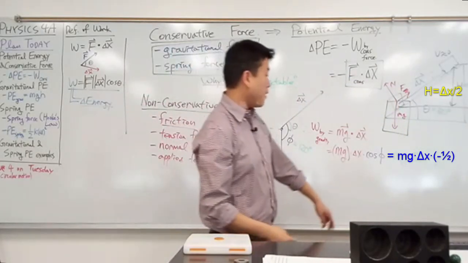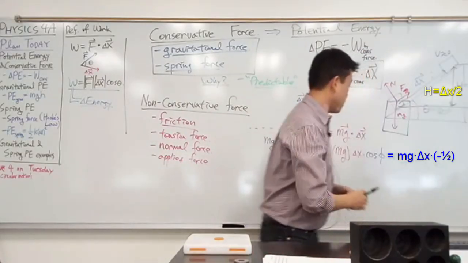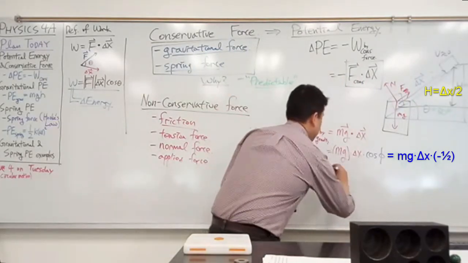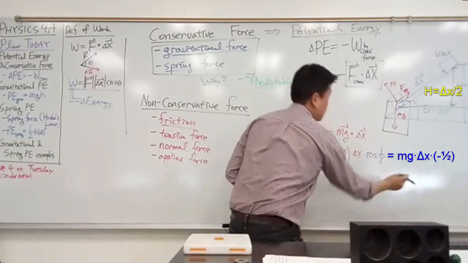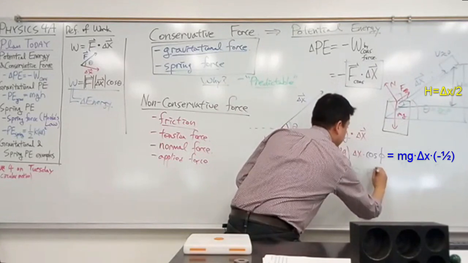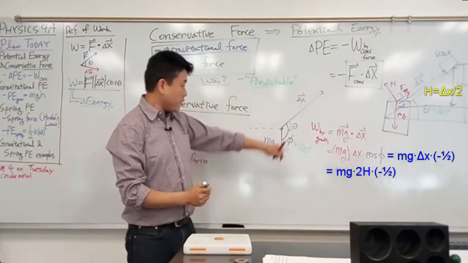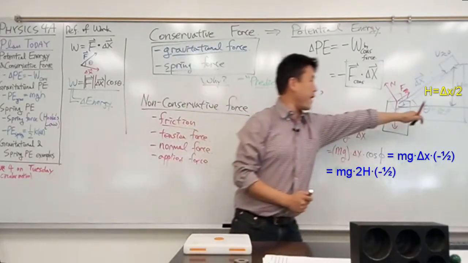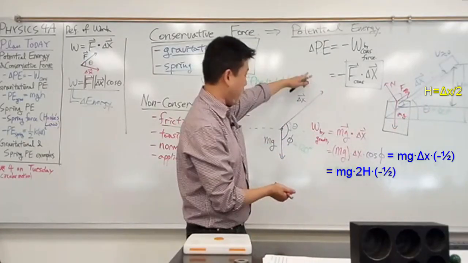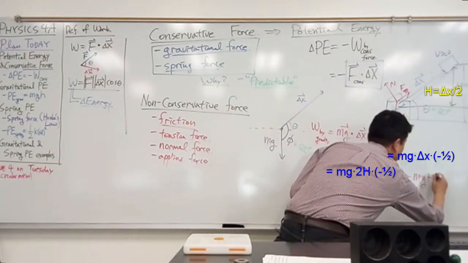And let me plug in what delta x is in terms of height h. So I have mg times 2 times the height times minus 1/2. So for this particular value of angle that I have used, the work done by gravity in this situation is equal to minus mgh.